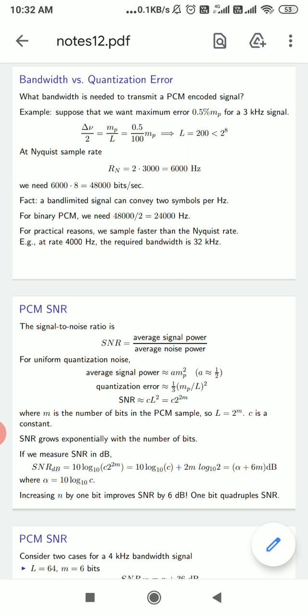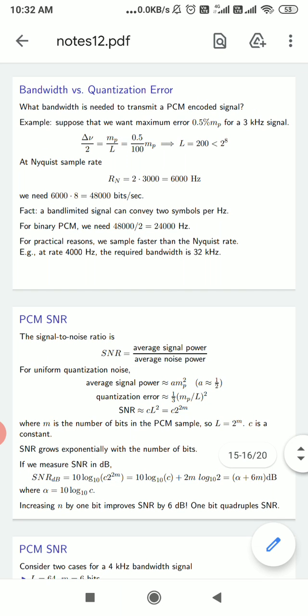You can rearrange it and write delta V upon 2 equal to MP by L. We have the MP value and delta V value given: the maximum error is 0.5% MP, so 0.5 into MP upon 100. If you solve this, you will get L equal to 200. That is less than 2 raised to 8, because 2 raised to 8 is 256. So you can take L equal to 200.